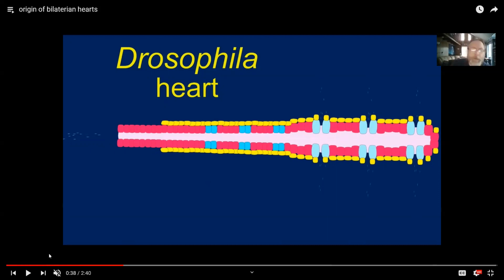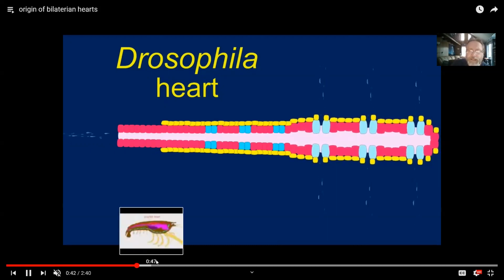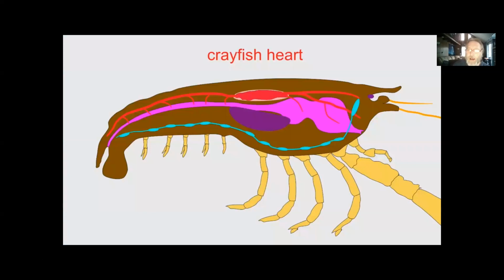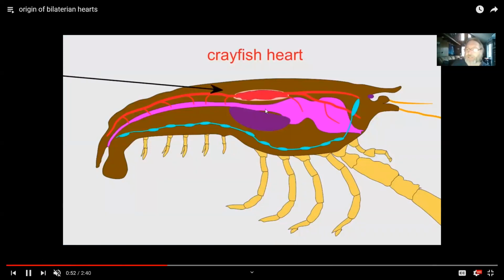So the heart can be rather small in open circulatory systems. There are invertebrates which have closed circulatory systems as well. Here you can see the crayfish heart.